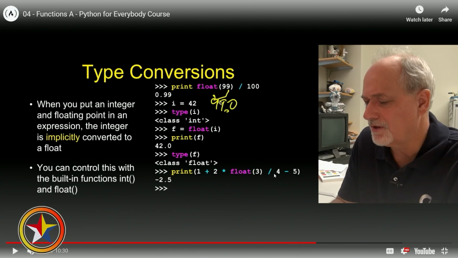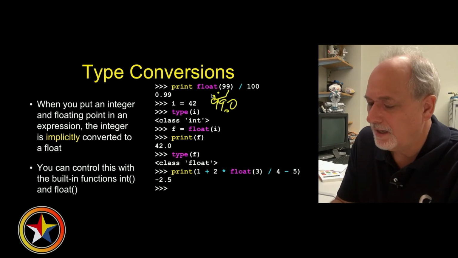Yeah, 1.5 times 4 would be 6. Okay, so 1.5. So 1 plus 1.5 is 2.5, minus 5 is -2.5. All right.